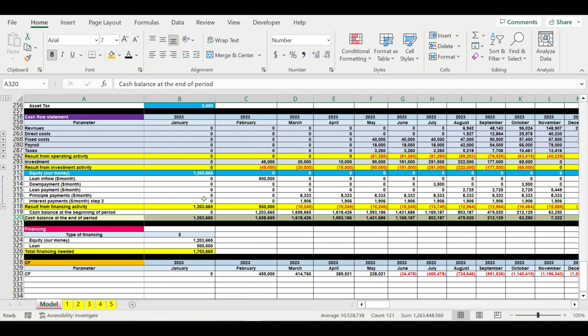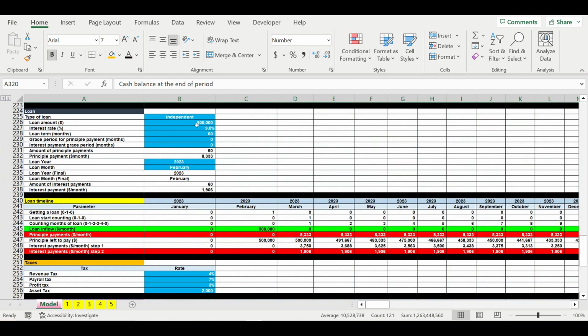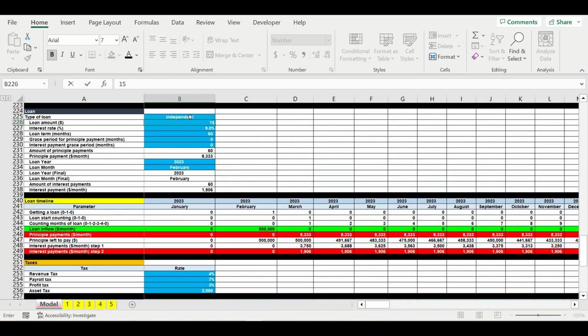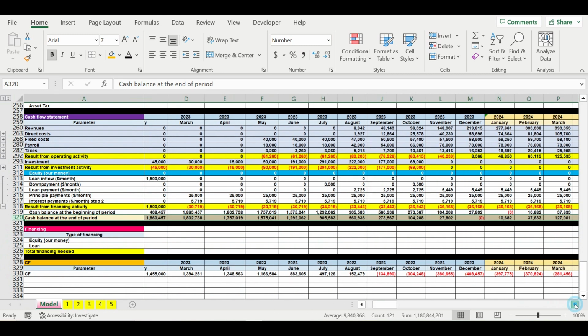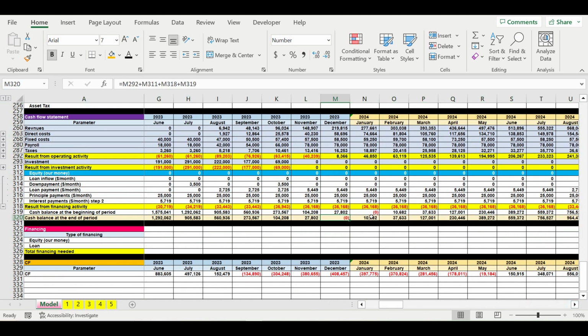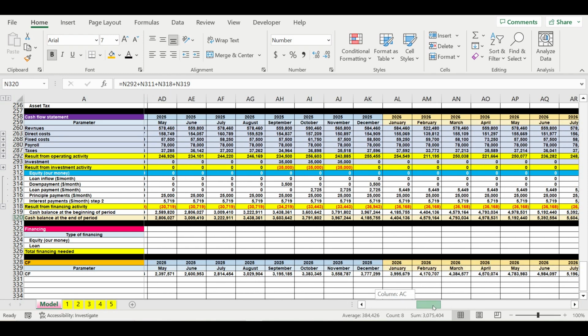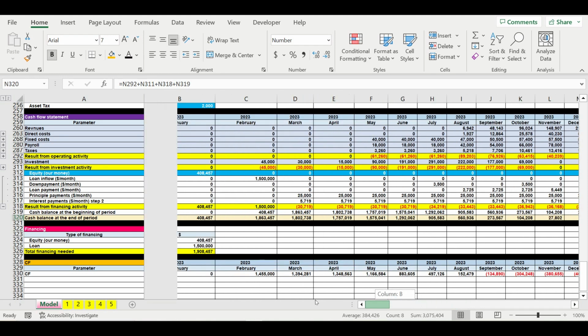So I can, for example, take a $1.5 million loan. I can see how the structure of financing is changing. We don't see cash gaps. So now we can quickly create a huge amount of scenarios.